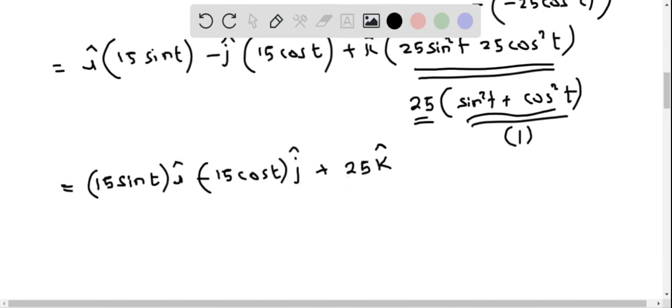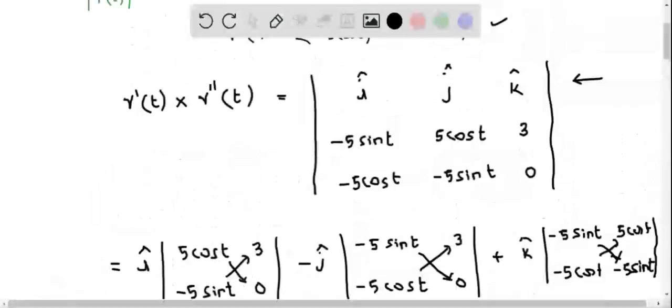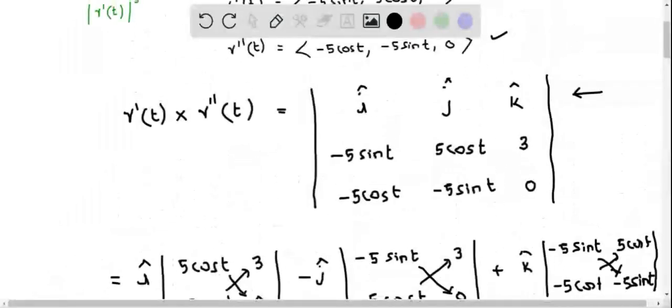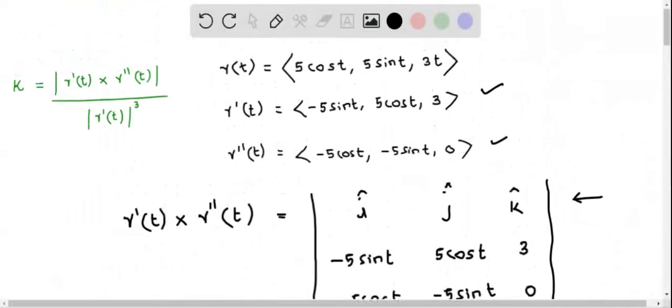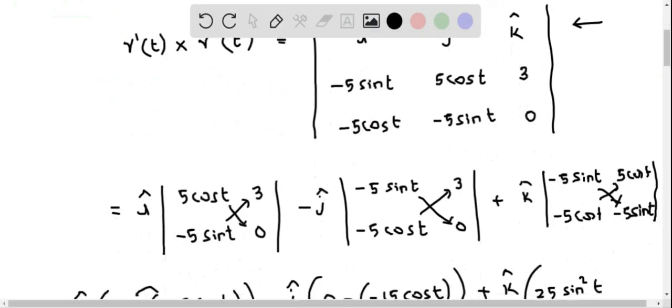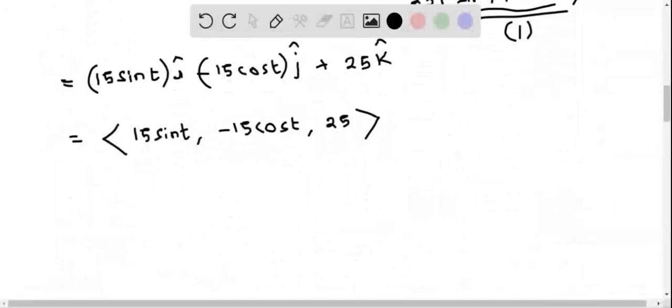And this can be written in component form inside the brackets: 15 sine t for i, negative 15 cosine t for j, and for k, it is 25. And this is the component form of the cross product of the two derivatives, r prime of t and r double prime of t. And since in the formula we have to find its magnitude, let's find its magnitude immediately.